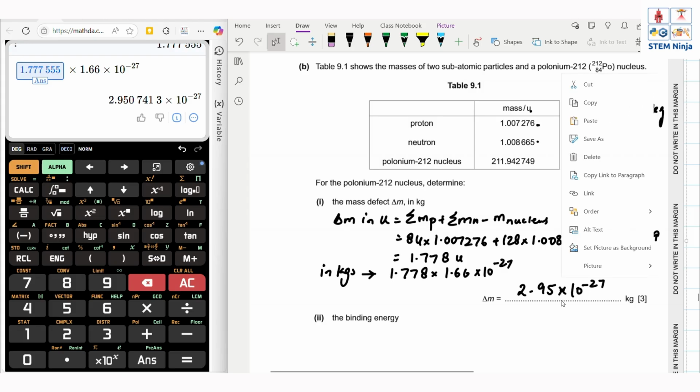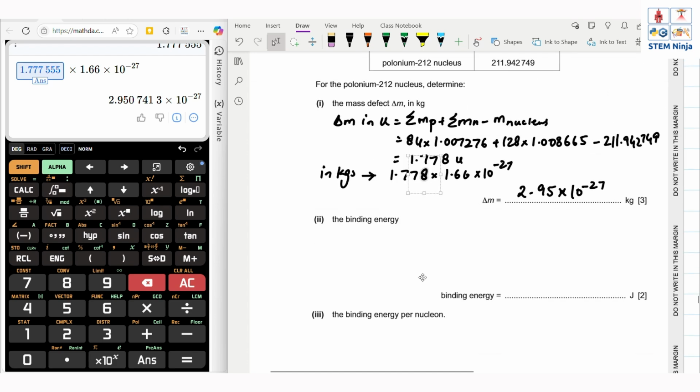The binding energy. So the binding energy, this is in kgs already. So over here, we could do two things. We could use the ratio 1 u is equivalent to 934 mega electron volts, or you could use E equals mc squared. Since we already have the kg value over here, we can directly use that.